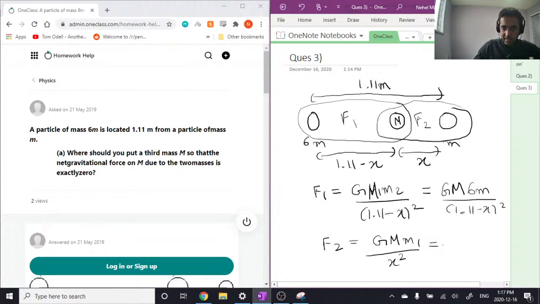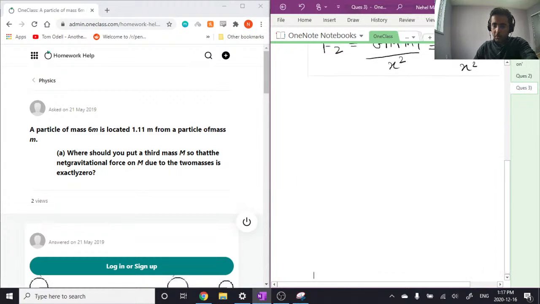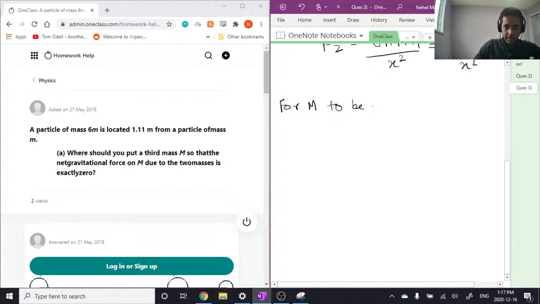And then this equation here becomes 6 times capital M times small m over x squared. Now for capital M to be in equilibrium, F1 will have to be equal to F2.